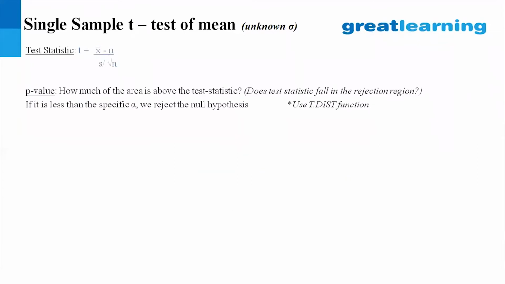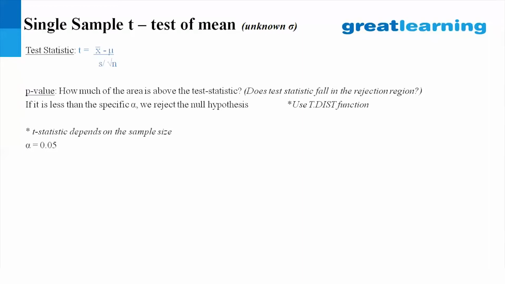Here the change will be just that instead of using the NORM.S.DIST function, there's a specific function in Excel for the t-stat, that is the T.DIST function or TDIST function depending on the Excel version that you're using. So these will help you get the p-value for your particular problem.